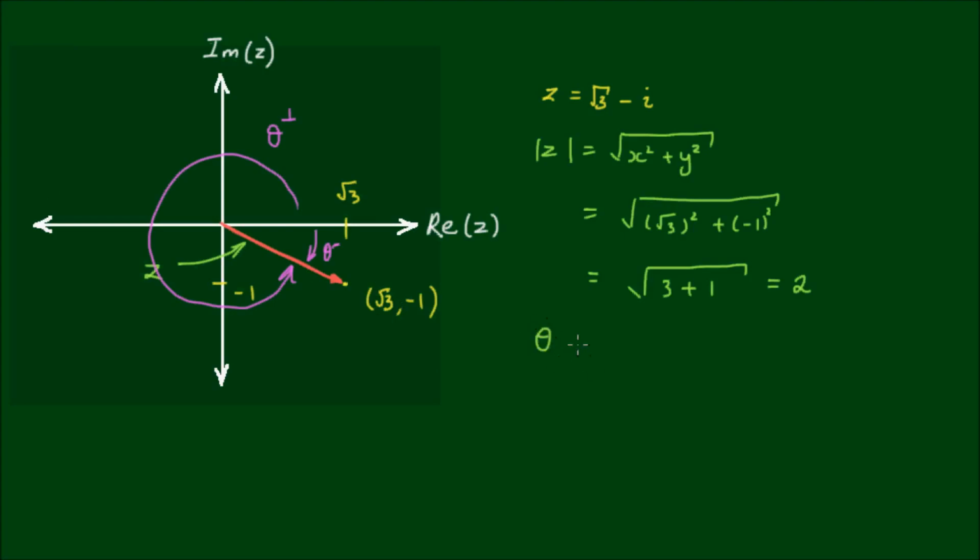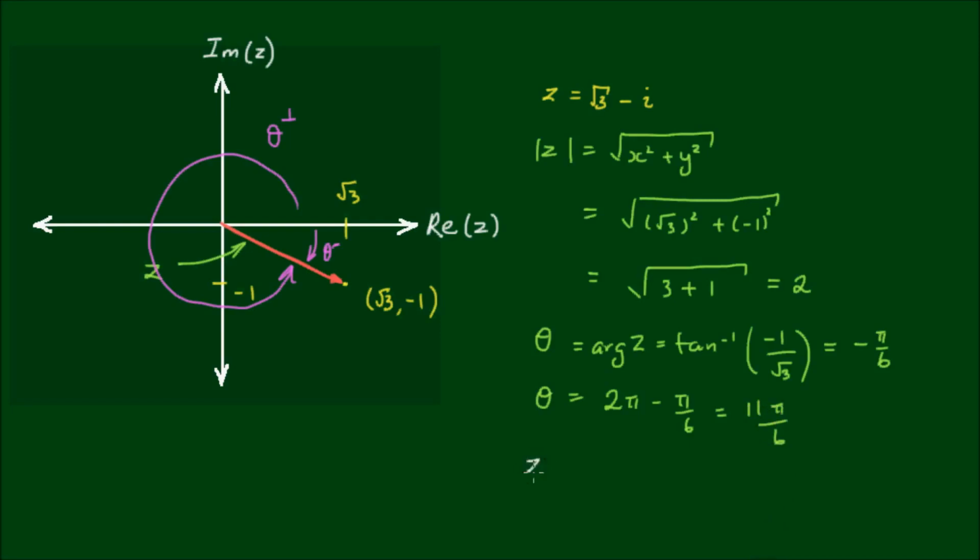So we can write the angle theta, or the argument of z, as the inverse tan of negative 1 divided by root 3. And this equates to a value of negative pi on 6 in radians. Or if we wanted to express the positive value of theta, we could say that theta is equal to 2 pi minus pi on 6, which is equal to 11 pi on 6.